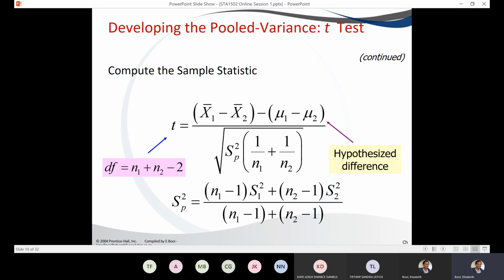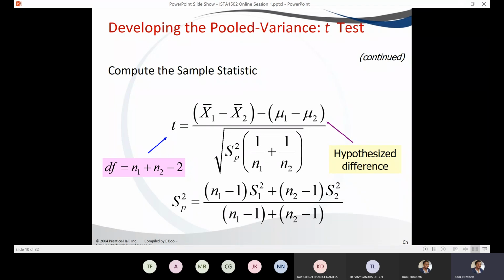And where do you get this? Remember, in your hypothesis testing, we said it is equal to 0. So always the population mean 1 minus mean 2 will always be equal to 0.